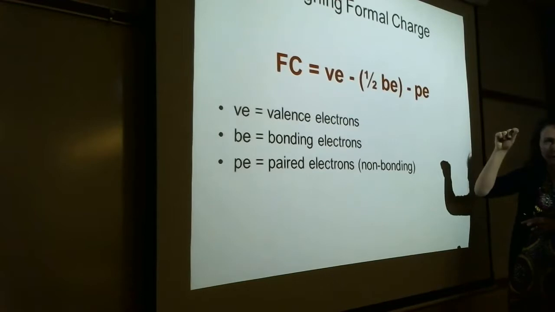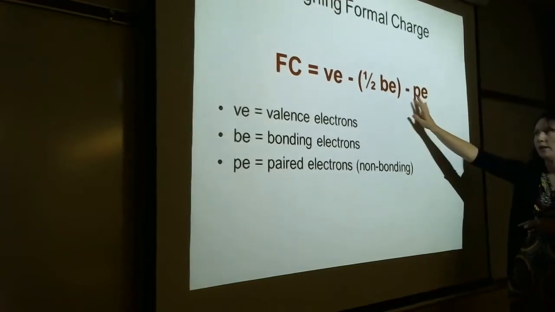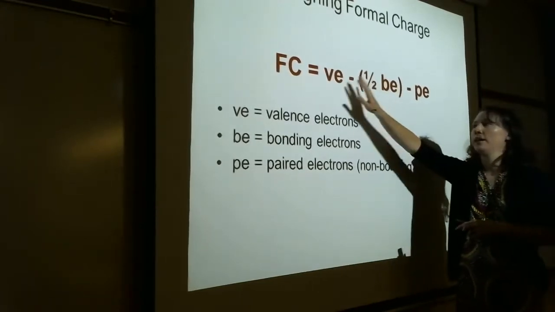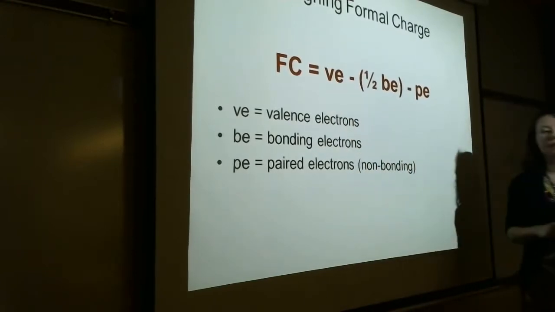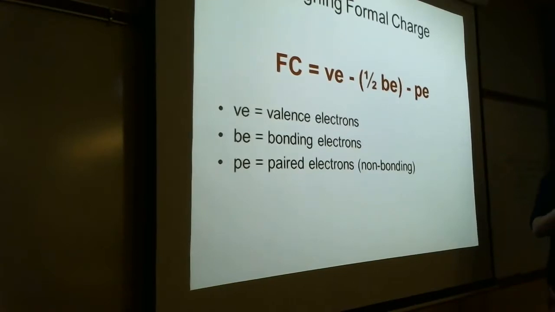Those little dots sitting around that aren't doing anything, those would be your paired electrons. Electrons that are in bonds, those would be your bonding electrons. Valence electrons just come from the periodic table. So valence minus 1/2 of bonding minus paired: VE minus 1/2 BE minus PE.